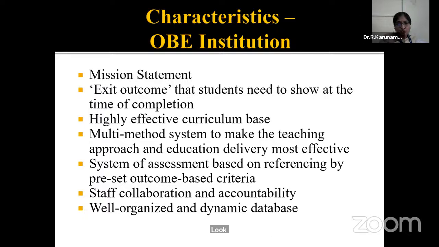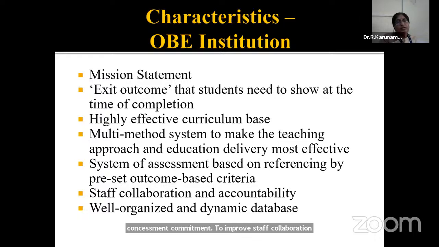The assessment should support the system to check whether the students are able to reach the goals which have already been set. And also a consistent commitment to improve staff collaboration and accountability is needed to ensure effective leadership in education.